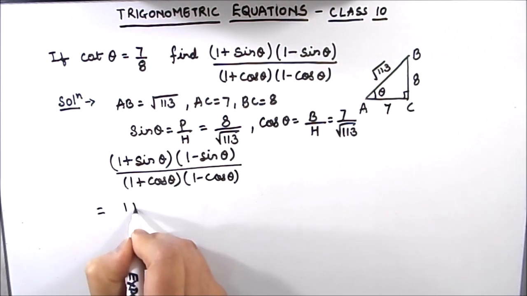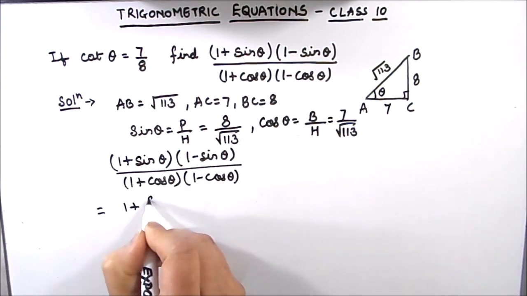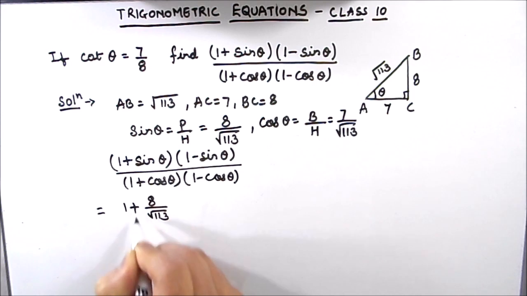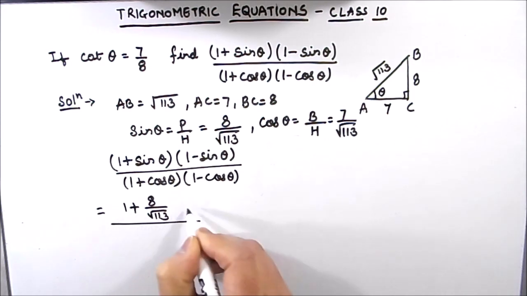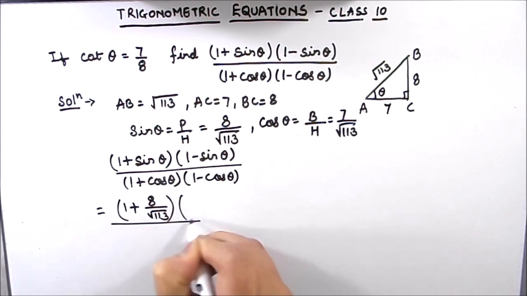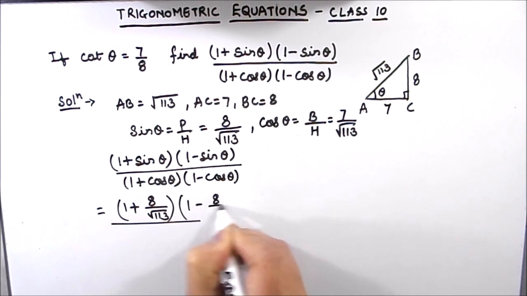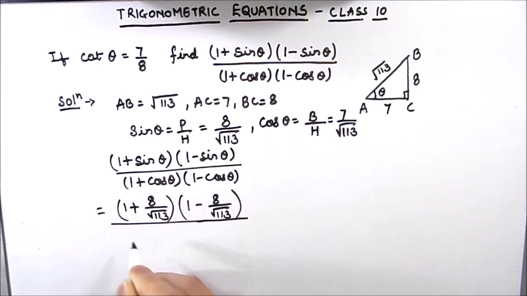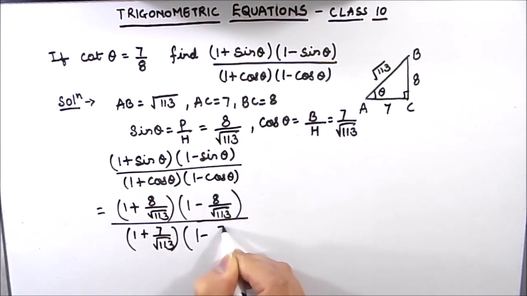So 1 plus sin theta is 1 plus 8 divided by root 113, times 1 minus 8 divided by root 113, divided by 1 plus 7 by root 113 times 1 minus 7 by root 113.